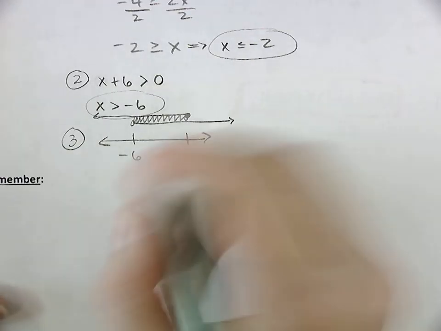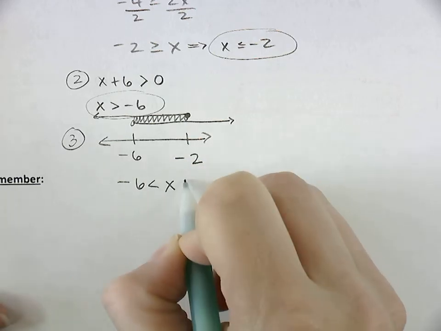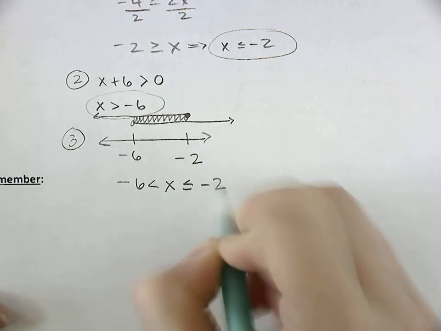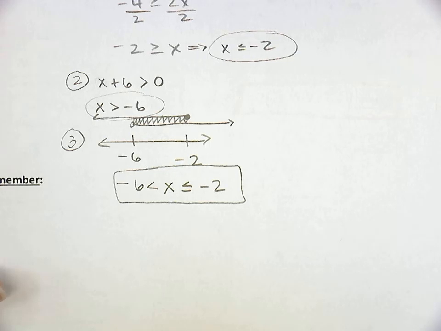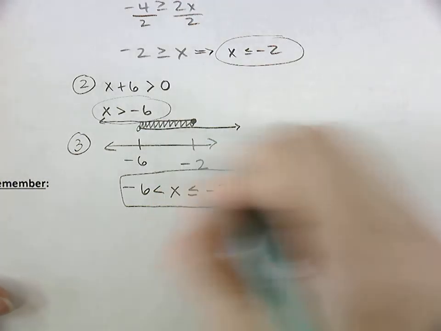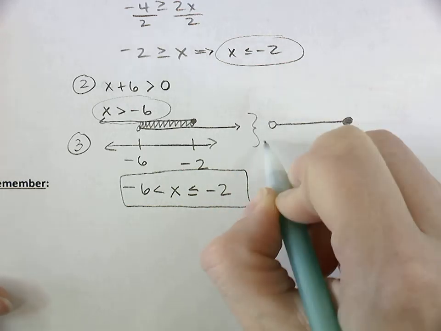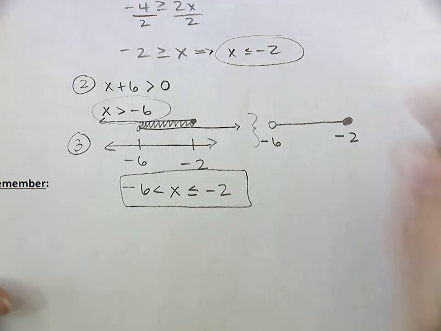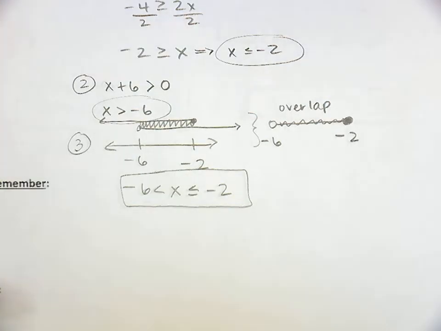So this is how you would write your answer: negative 6 is less than x, but x is less than or equal to negative 2. If you look at your solution, you have an open circle at negative 6 and a closed circle at negative 2. This is the overlap area.